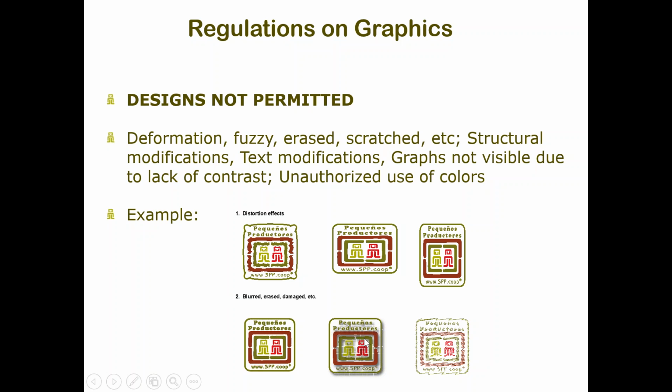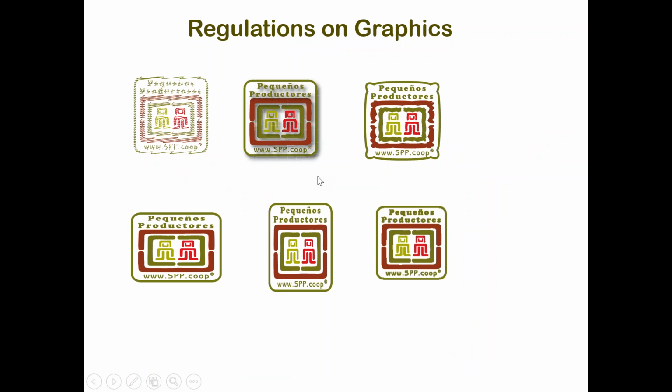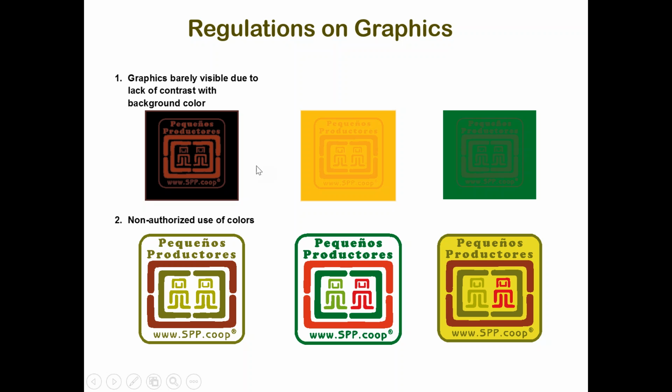You can see it's difficult to read, or it's deformed. And in this case, the color of the logo and the background is not visible, the letters. Or in this case, there are colors that are not the official colors.